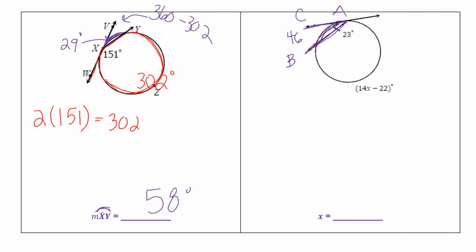And what that means is this remaining arc, this 14x minus 22, all of this has to be 360 minus 46 degrees, which is 314.